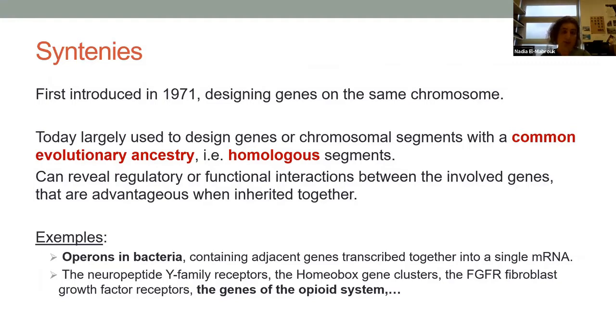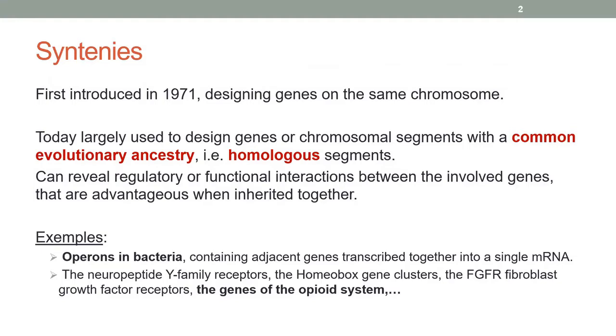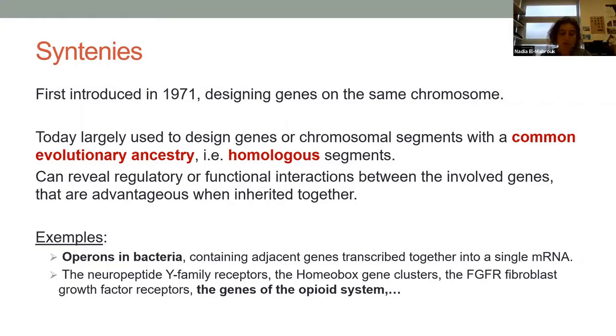So it was just designating genes on the same chromosome. But today, the term is largely used by biologists in an evolutionary meaning to characterize homologous genomic regions deriving from a common ancestral region.